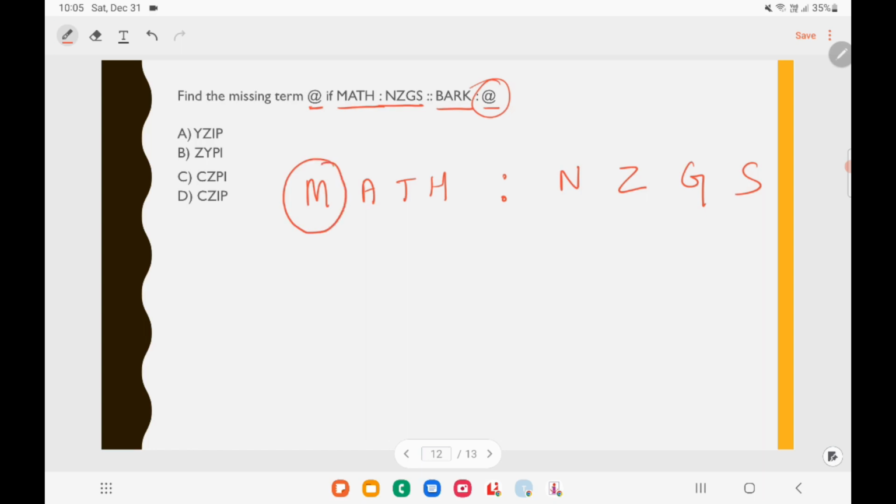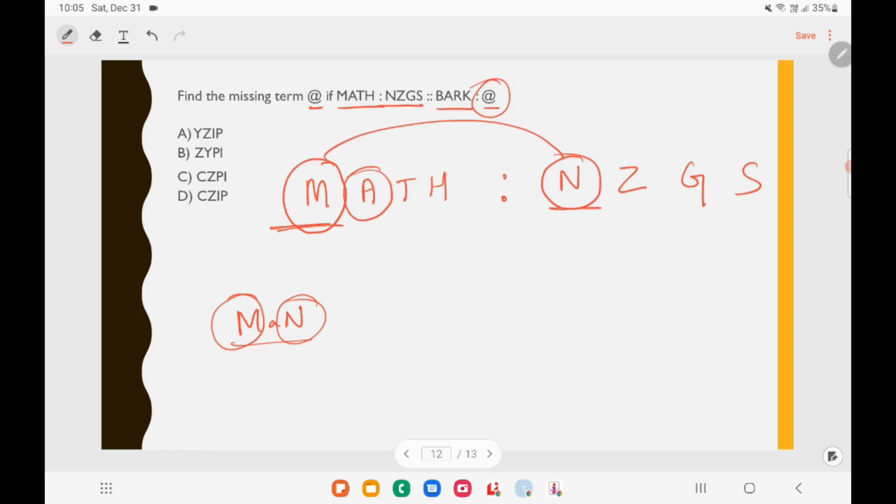Okay, so we need to find how the coding is being done here. If you take M corresponds to N, we know the word man, right? I have already said that you need to remember some words in order to find out the reverse alphabetical coding. So M and N are reverse alphabets. And we know that A is the first letter in the English alphabet and Z is the last letter.